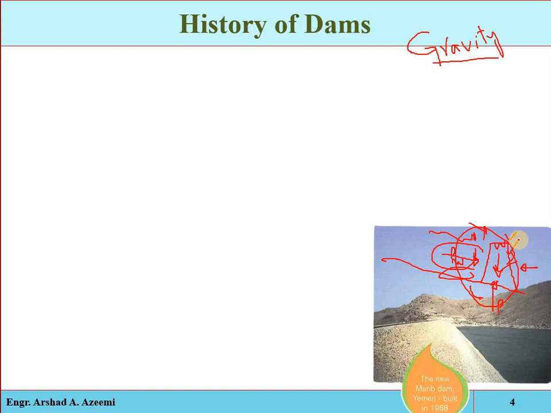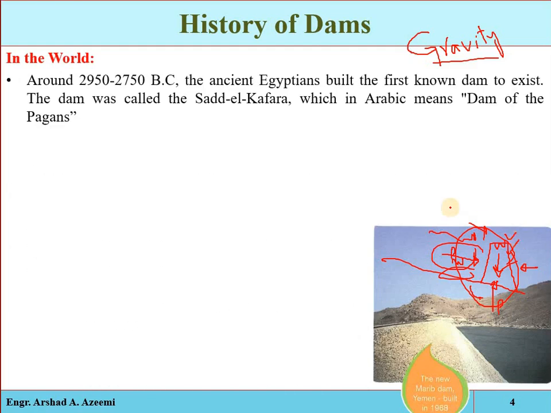If we look into the history and background, the first concept which was developed was that of gravity dams. The gravity dams were the first type of dams constructed, and remember, they were constructed from stone and bricks, from natural material, approximately 3000 years BC.